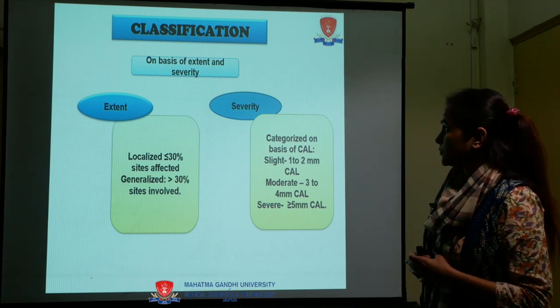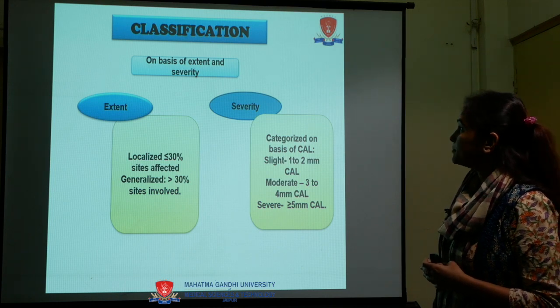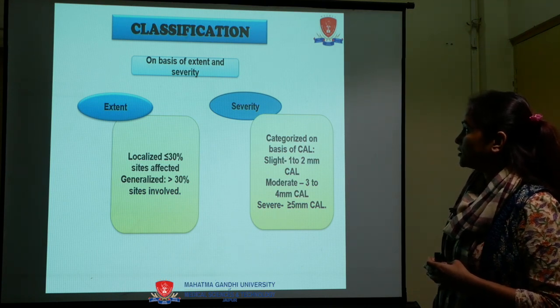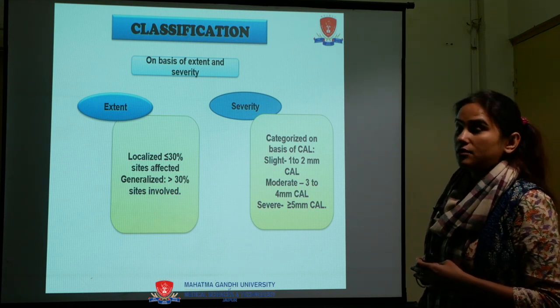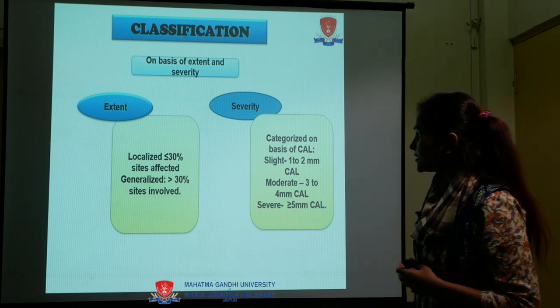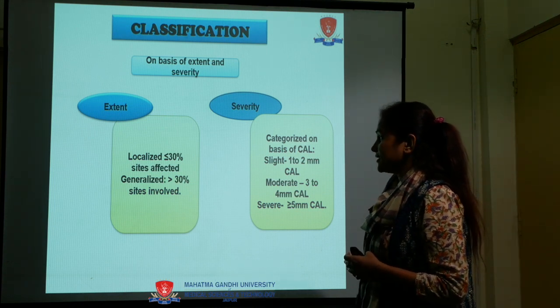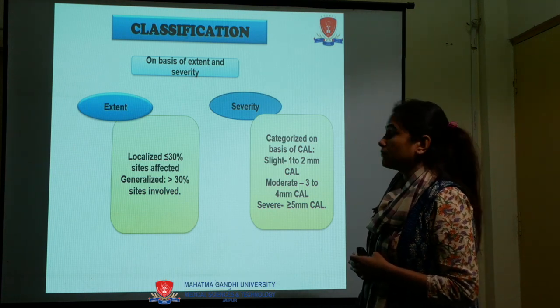This chronic periodontitis can be classified on the basis of extent and severity of the disease. According to extent, we call it localized when less than or equal to 30% of sites are affected, and generalized when more than 30% of sites are involved.